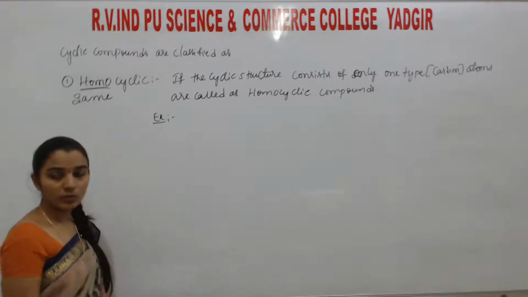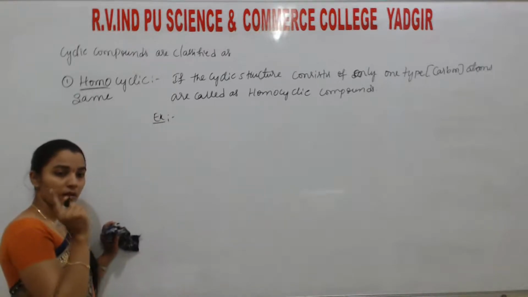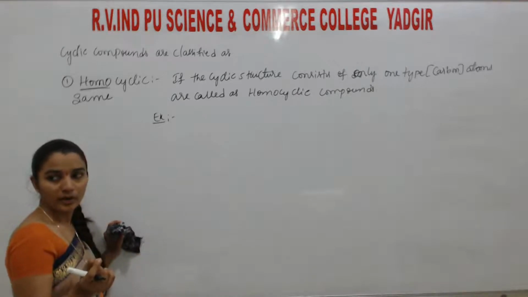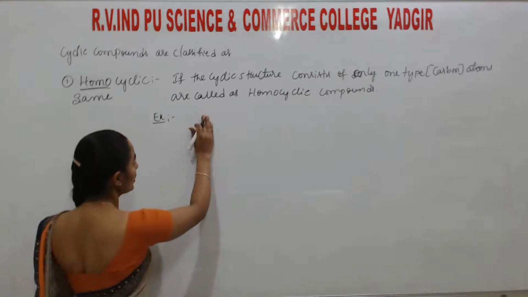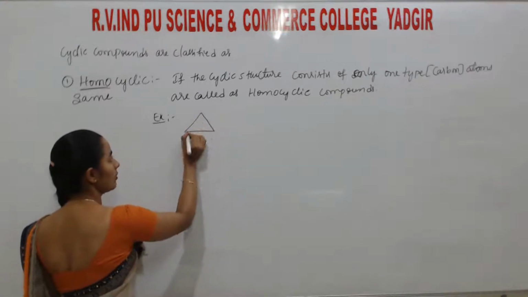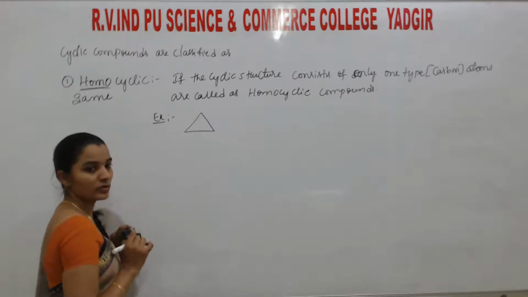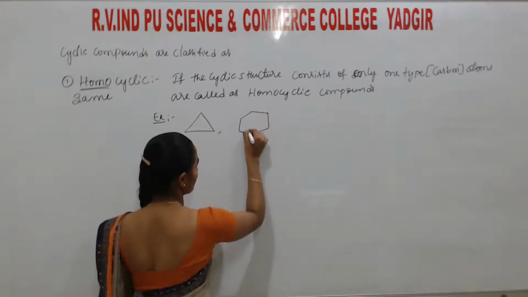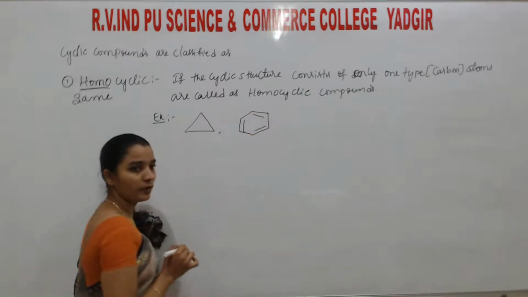As I told you, this homocyclic, alicyclic is also there, as well as aromatic is also there. Listen, only one type. This cyclopropane is made up of only carbon, that is homocyclic. Next, this benzene is made up of only carbon.